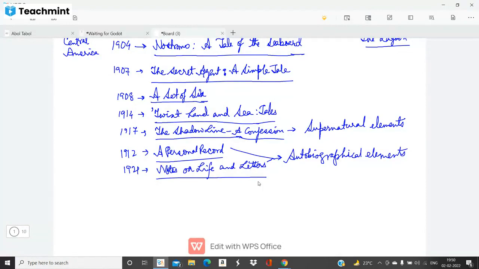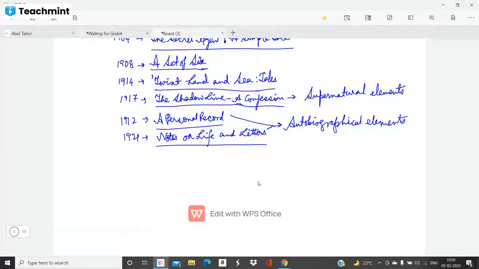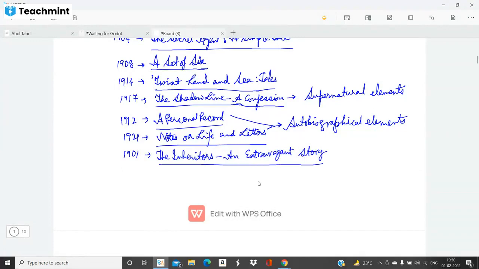Now, in the next, I'll mention some other stories which are not that important, some stray stories which he wrote in between. Like in 1901, he wrote The Inheritors, an extravagant story, not that important.